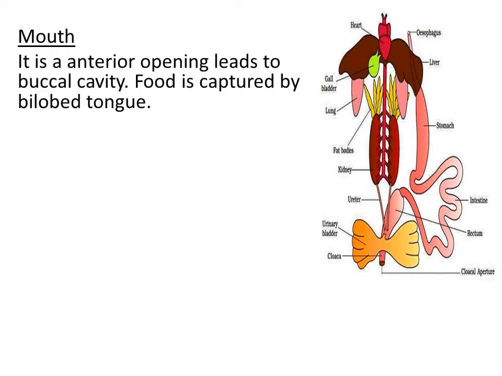This actually takes the food inside, right? The anterior opening leads to the buccal cavity, and the bilobed tongue will capture the food from outside. So this is the part of the digestive system that helps to intake the food, right?